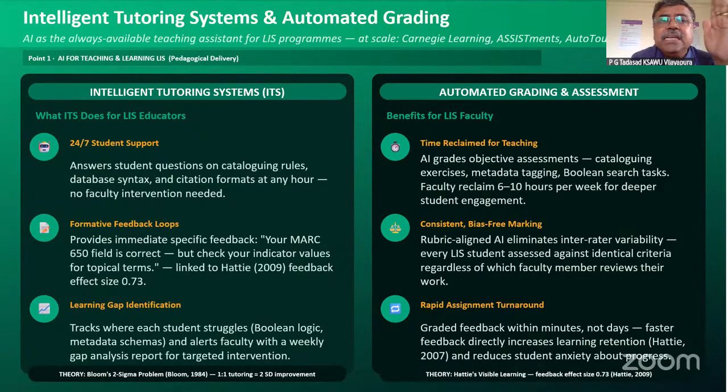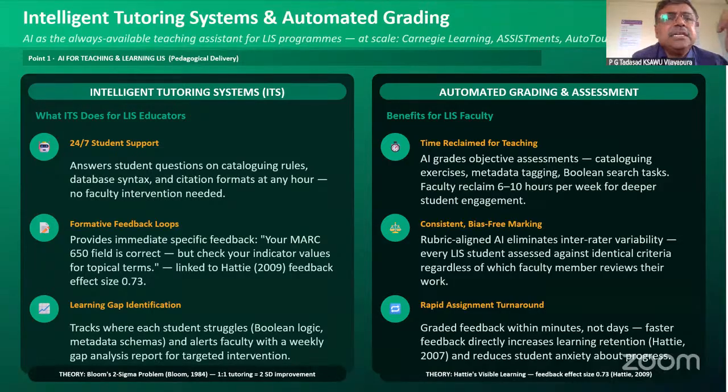I'm talking about intelligent tutoring systems. As a teacher, I'm available to students maybe 10 to 5:30 if I'm a pure teacher. But now you do not find any pure teacher who is dedicated all the time to teaching. He has to play many administrative roles in the college or university and may not be accessible to students.